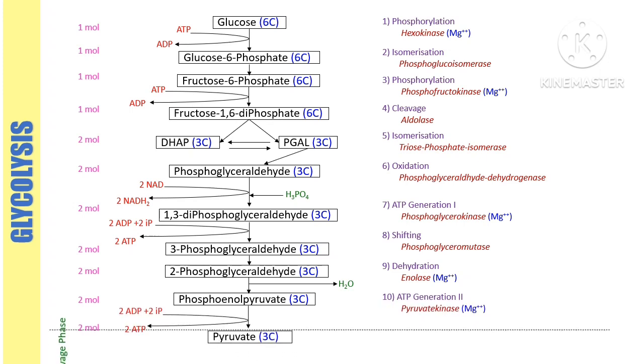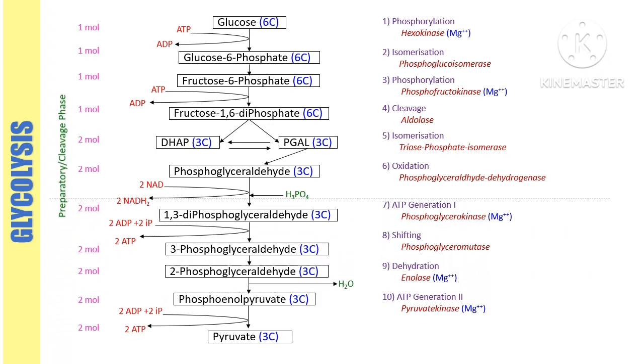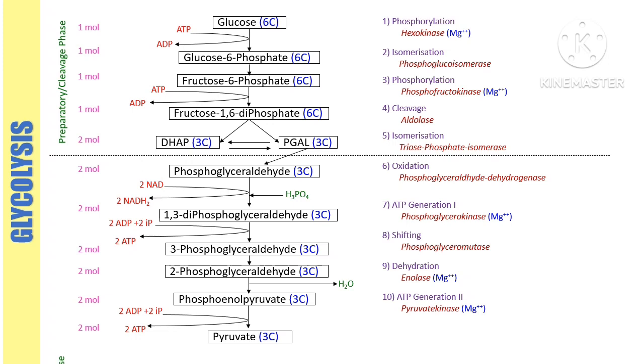On the other hand, in the preparatory or cleavage phase, 2 ATP molecules are used up. Hence the net gain of ATP after the completion of glycolysis is 8 ATP.